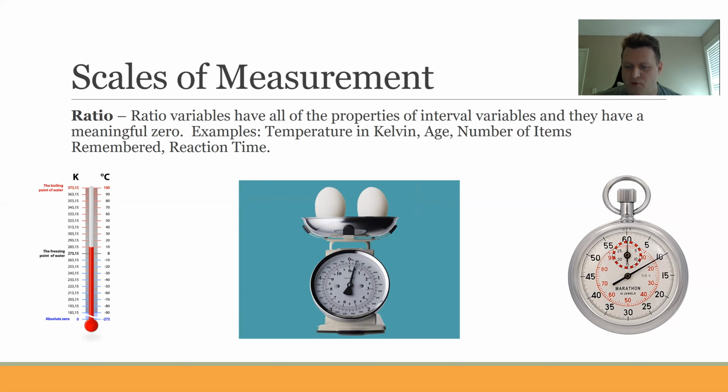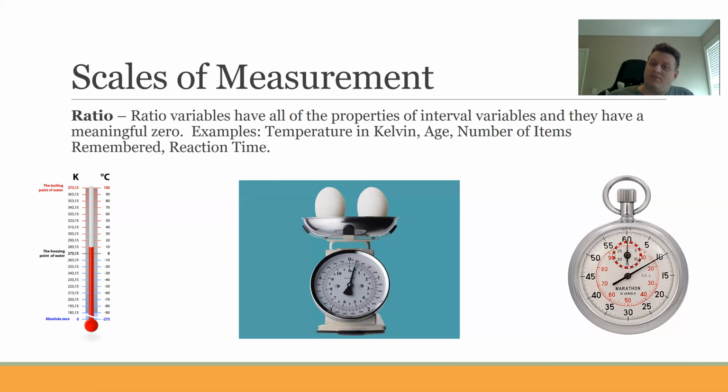For an interval scale of measurement, the difference between 20 degrees, let's say Fahrenheit, and 40 degrees Fahrenheit, does that mean that when we're at 40 degrees Fahrenheit, it's twice as hot as 20 degrees? No, that's not what it means, because the zero is not meaningful. However, if we have things in Kelvin, we can do that. If we're looking at 50 degrees Kelvin and 100 degrees Kelvin, 100 degrees Kelvin is twice as much energy as 50 degrees Kelvin.